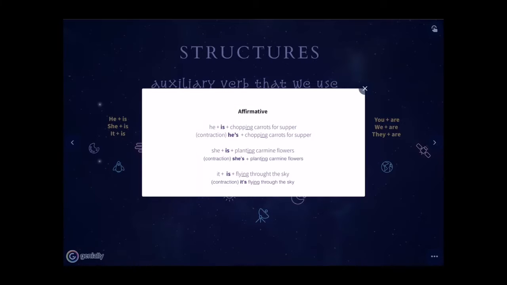That's the contraction, and the same with the other two. We have she plus is. The contraction would be she's. And it plus is. The contraction is it's. And then we put the verb plus ing and the complement.